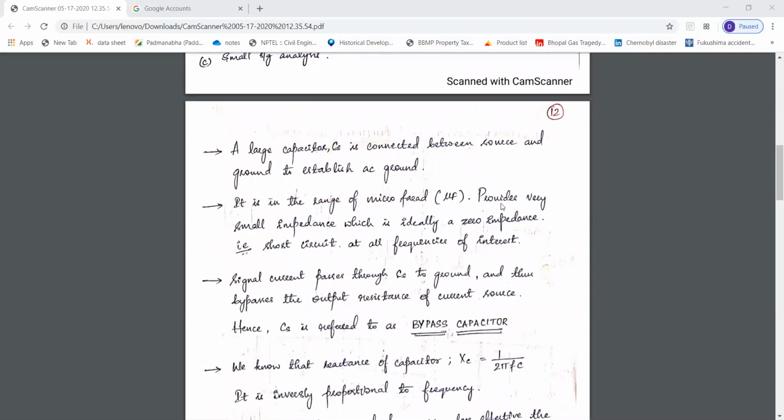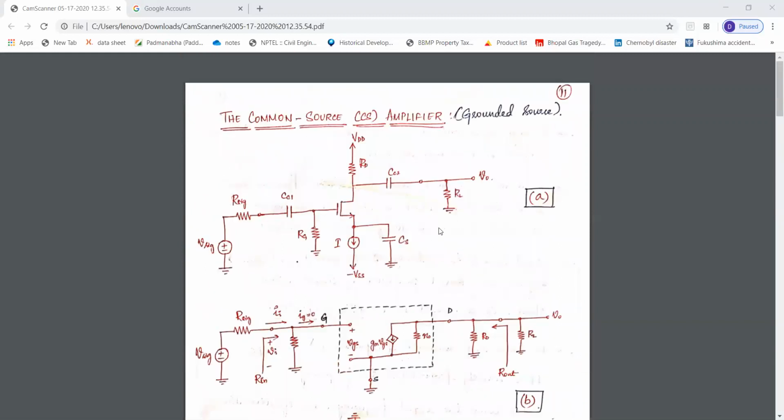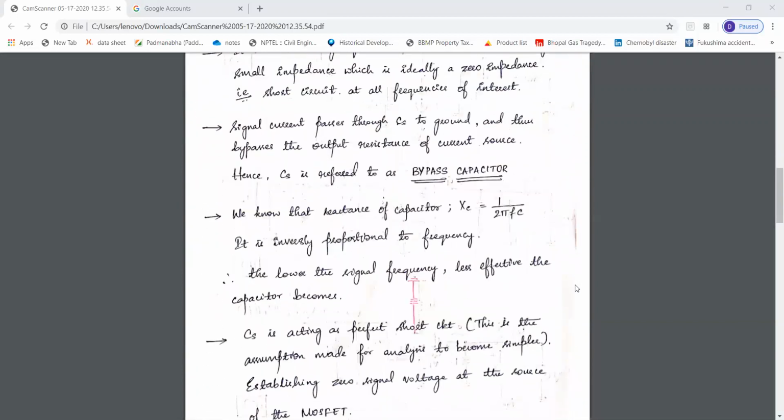It will provide a small impedance which is almost equal to zero, and it acts as a short circuit at all frequencies of interest, and any signal that passes through this CS capacitor to ground will bypass the output resistance of the current source. Hence, this capacitor is also known as bypass capacitor.